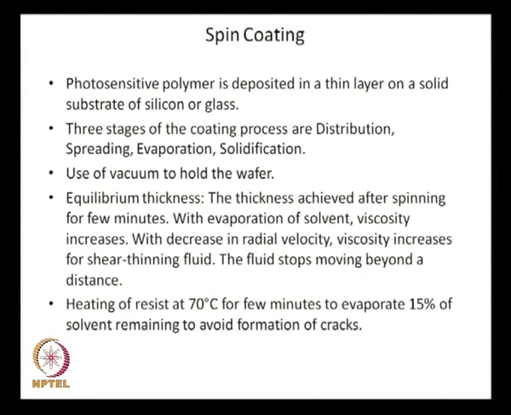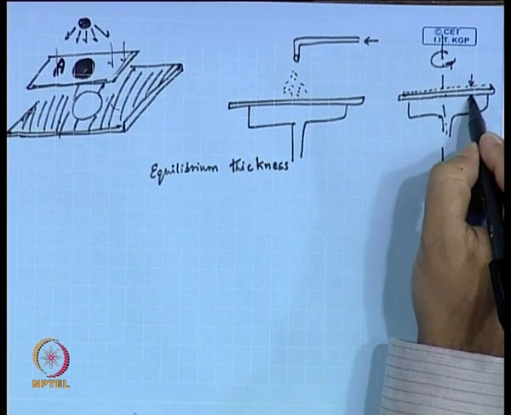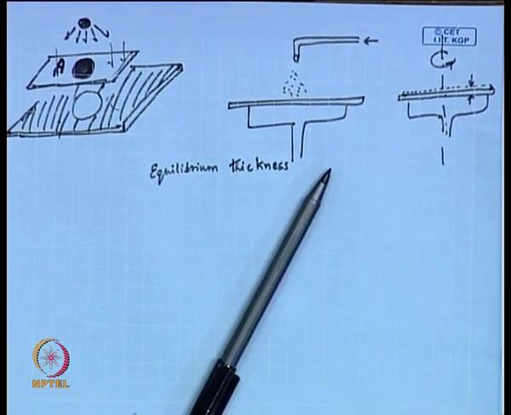So that means you spin this wafer with the resist material on it, and you see there is a coating developing. So this thickness here is referred to as the equilibrium thickness.